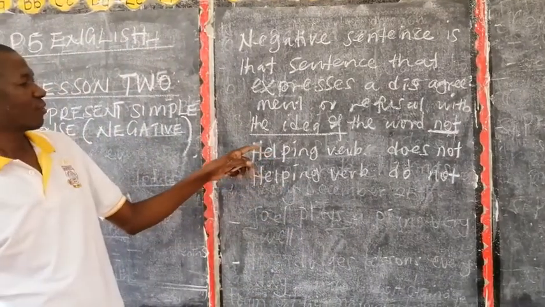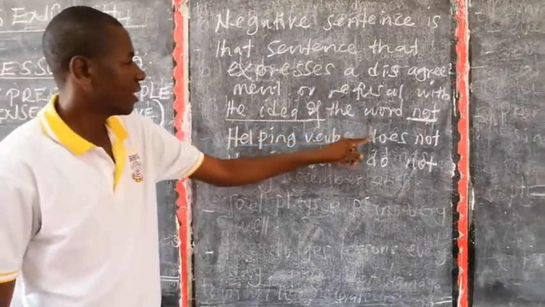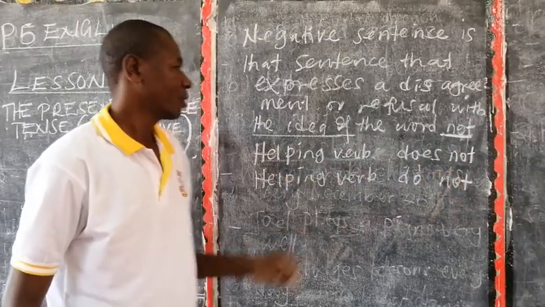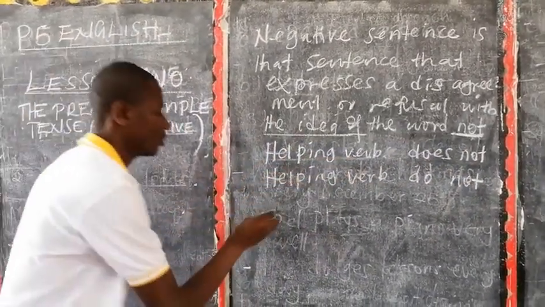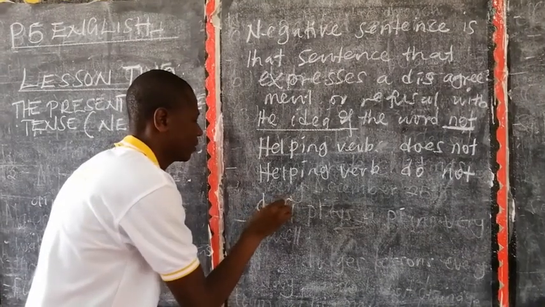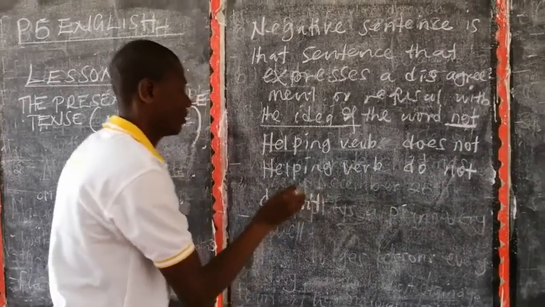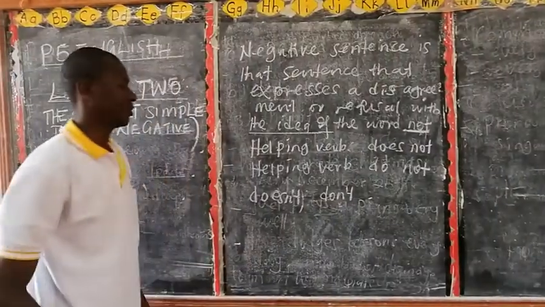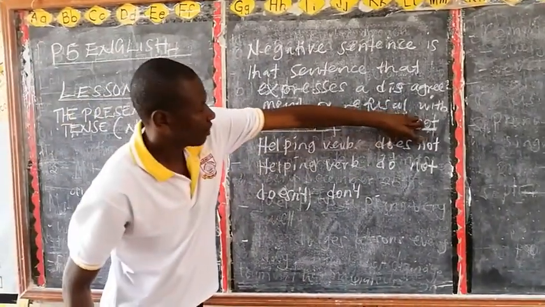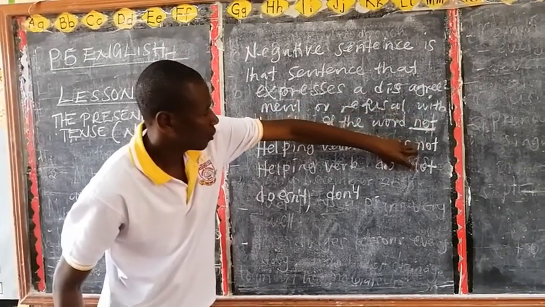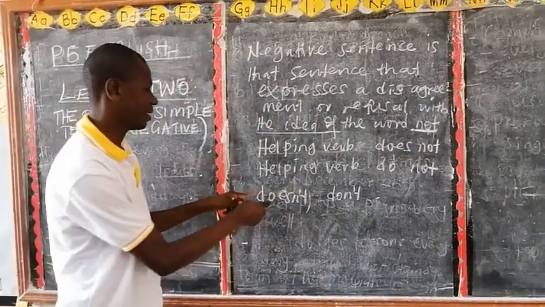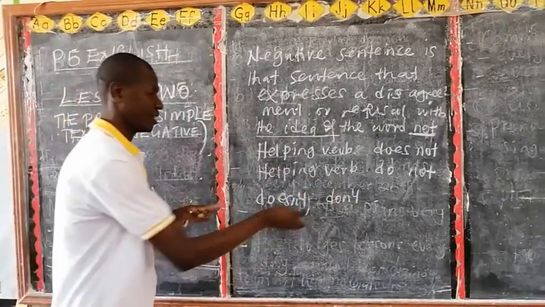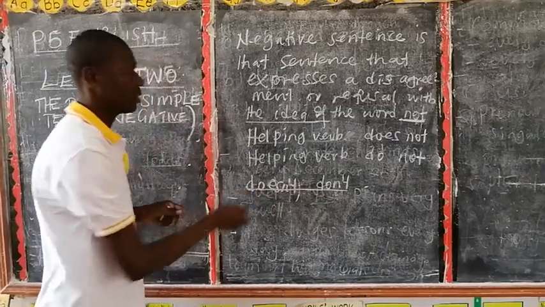So these two helping verbs, does and do, add the word not. Their short forms for does not is doesn't, while for do not is don't. So here I have given in full form does not, do not, they are the same here. Doesn't and then don't. You have written in what we call negative.